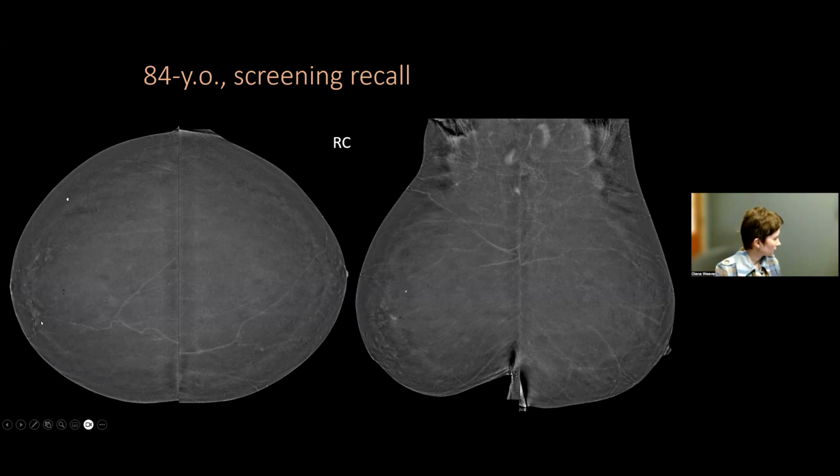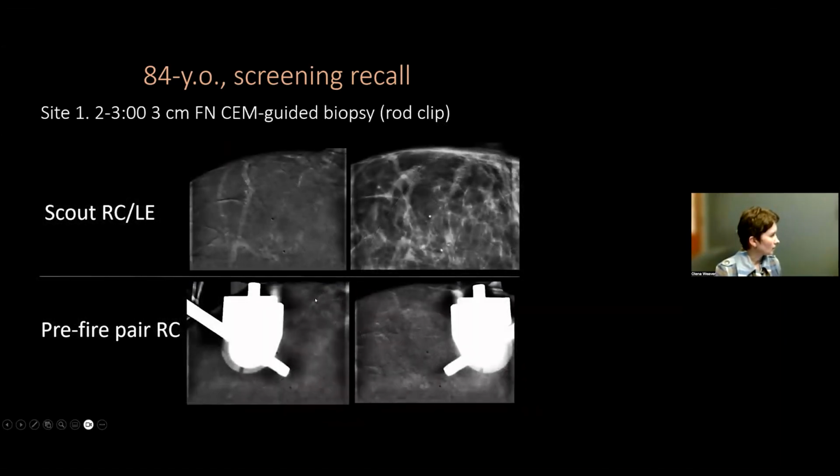These are the areas which seemed like the most prominent and most enhancing. If we were to get cancer, the thinking was that it probably would be in these areas. So we went for a CEM-guided biopsy.